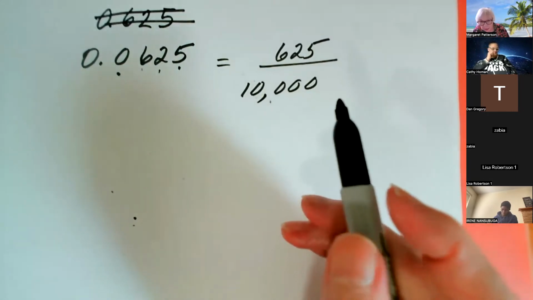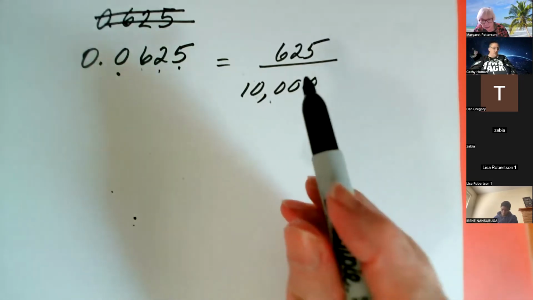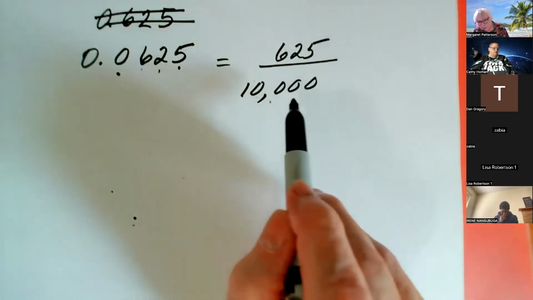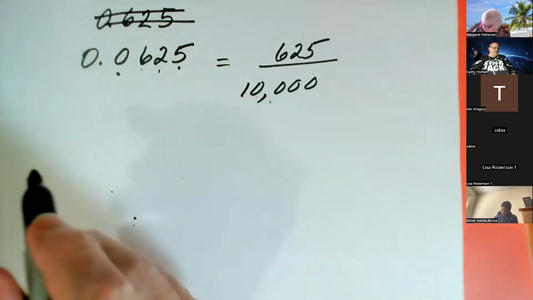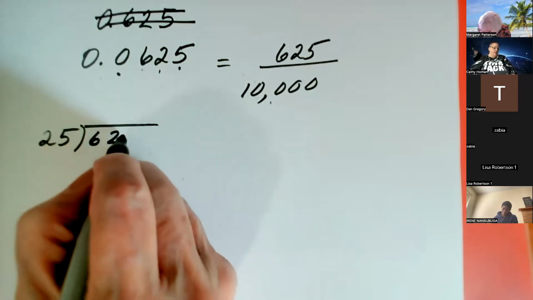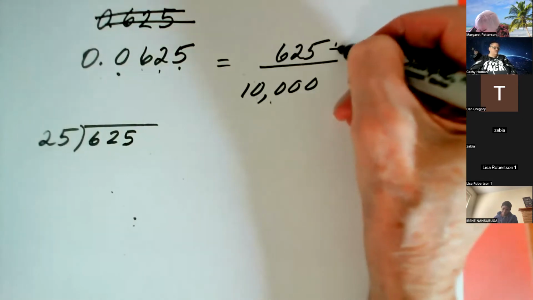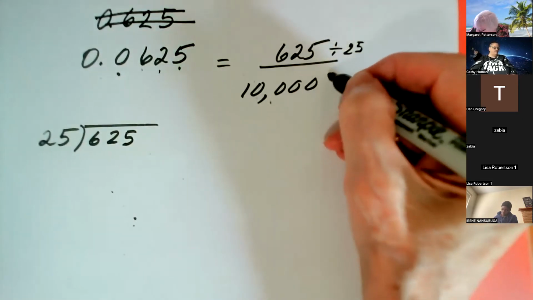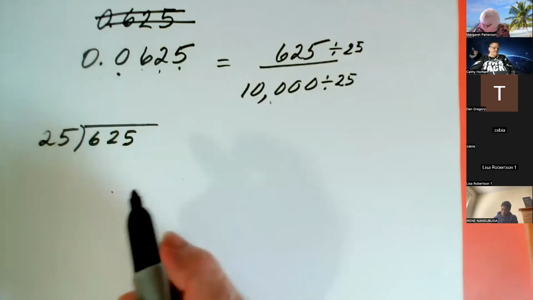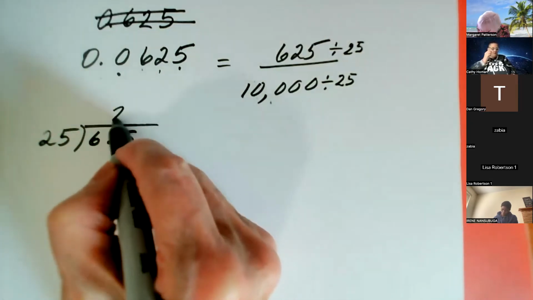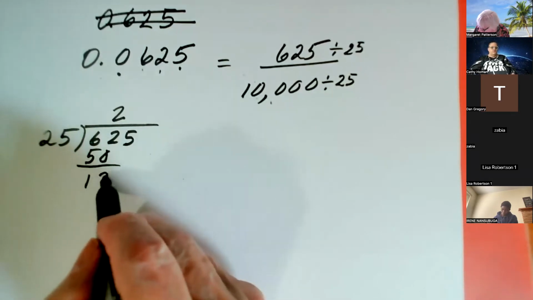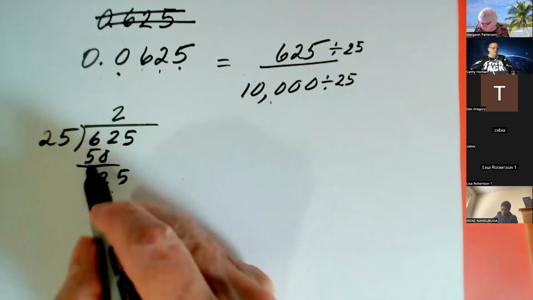Now, I think dividing by 25, because this is like money again, would probably make this simpler. I'm going to end up dividing both by 25 just because I can see it as money. Can you? 25 into 625 goes twice. This is 50. When you subtract, you get 12.